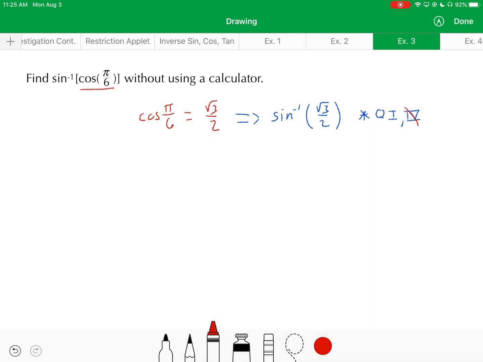I can rule out quadrant 4 because inverse sine would have to be of a negative number for it to yield quadrant 4. So think of this as a y, and this is an r for quadrant 1. So notice the angle measure here I'm working with, that's 60 degrees. So this is going to result in 60 or pi over 3 if we're asking for radians.